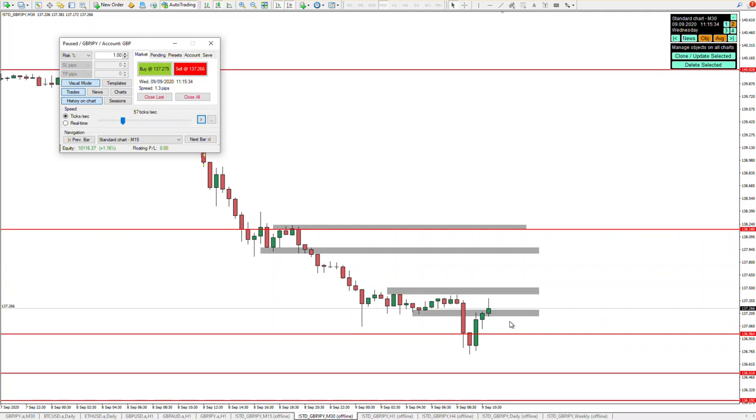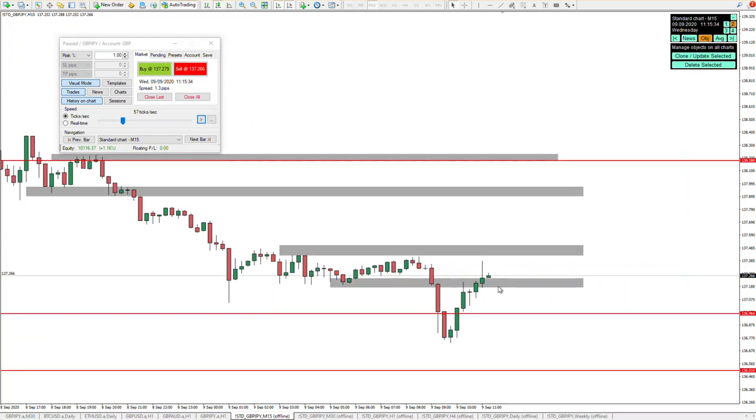Okay, 15-minute candle closed in the range with a higher low. It really looks like this. It's back in the range. Oh, and M15. Look at that. Okay, this candle closed right at this support, but now we are in the range.